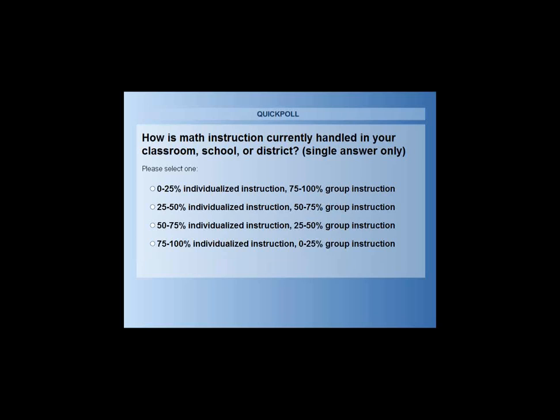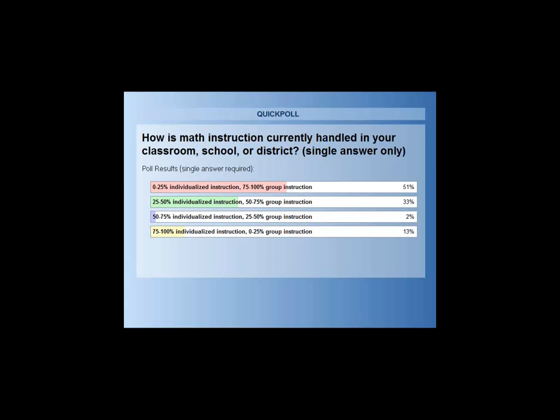All right, a few more seconds and then I'll officially close the poll and we'll go over the results together. All right, so here are the results, Ray. It looks like 51% of the group has 0 to 25% individualized instruction, and the rest is group instruction.